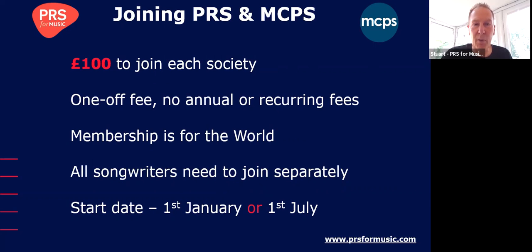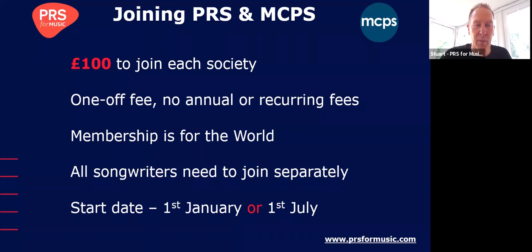Okay, so joining PRS, joining MCPS. It costs £100 to join each society. So that's, I suppose, the bad news. The good news is it is a one-off fee. So there's no annual fee. Once you've paid, you're a member and your membership lasts for a lifetime. Because there is a fee to join, we try to ensure that you join at the right time.